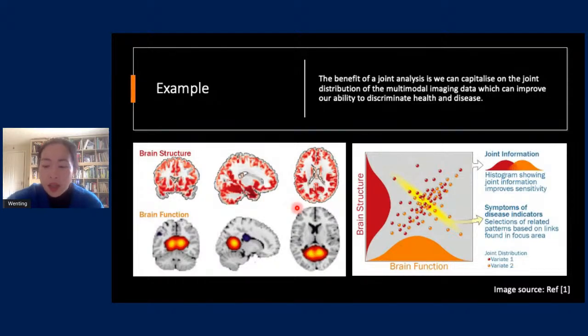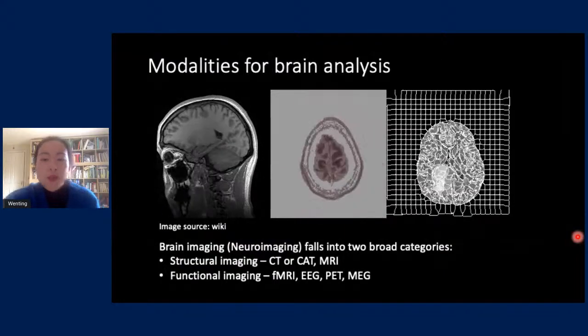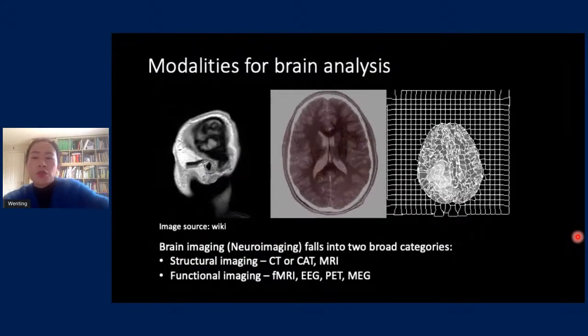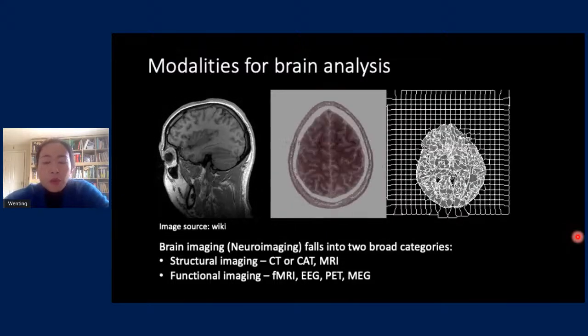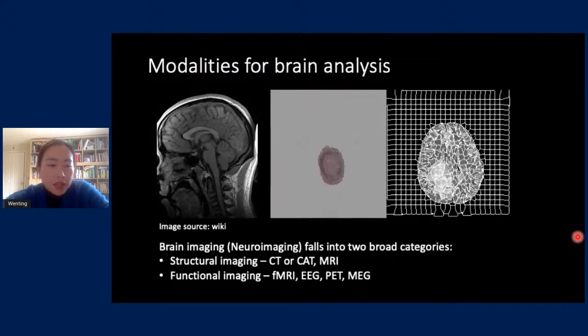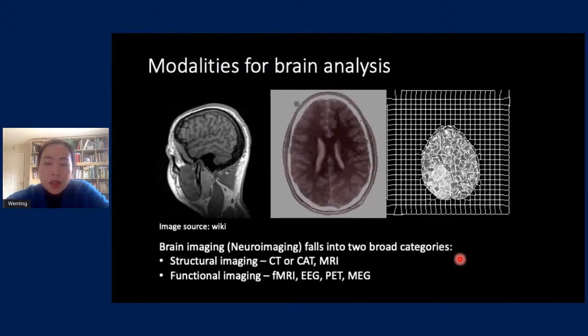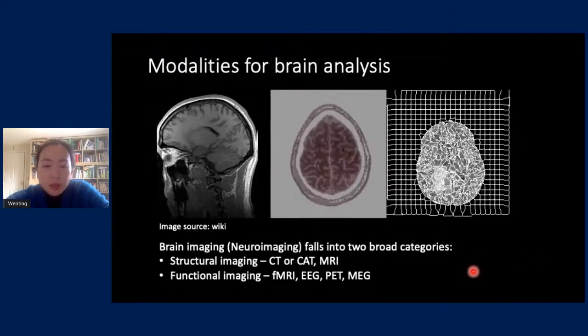Now let's take a closer look at the different types of image modality used for brain analysis. The modalities for brain analysis can be roughly divided into two categories: structural imaging and functional imaging.